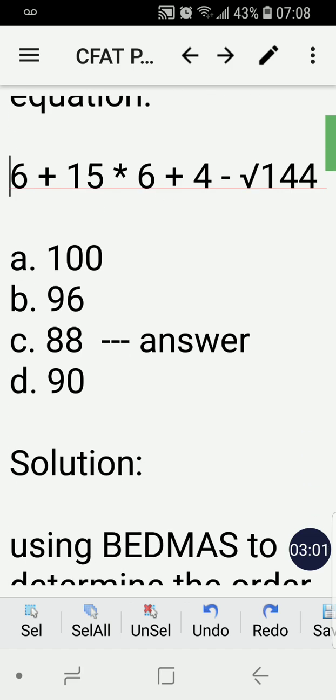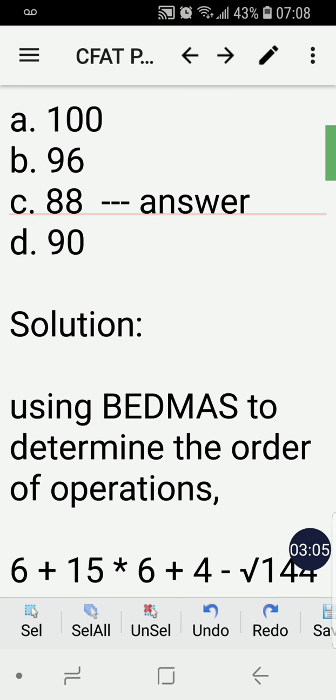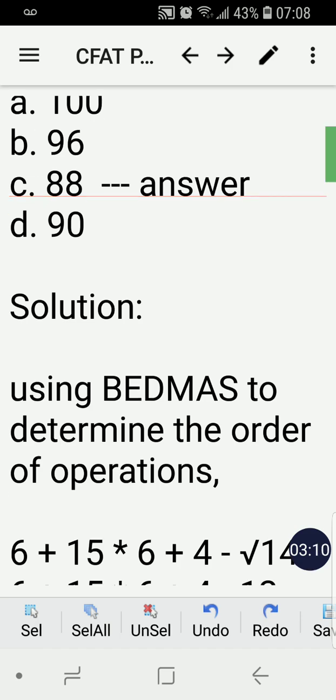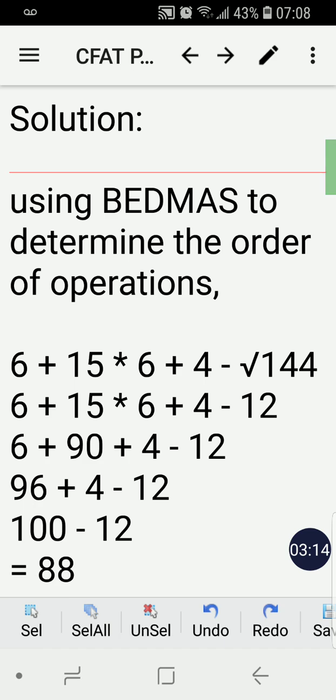So, solution. Using BEDMAS to determine the order of operations, we have the following order. So 6 plus 15 times 6 plus 4 minus 12.